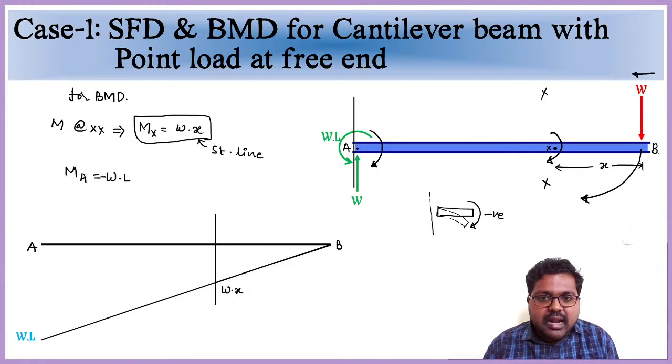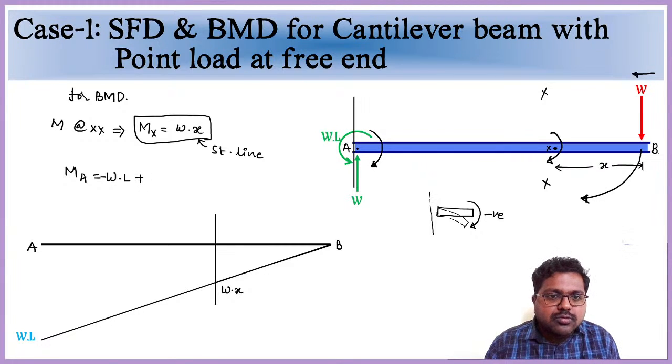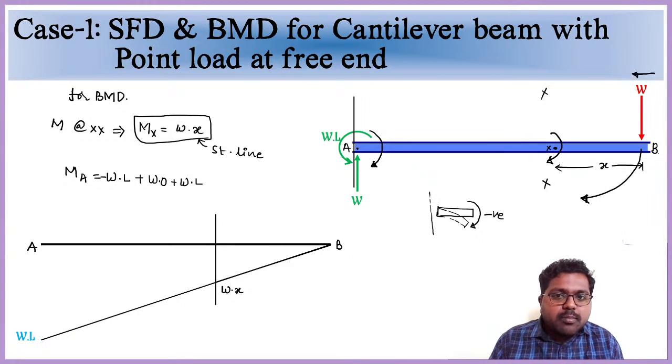Then next here W is acting upward, and it is creating anti-clockwise movement. Anti-clockwise movement is positive. So W into, there is no distance. Actually it is lying on the point A itself. So it is 0. Then we are having a clockwise movement, support reaction. Support reaction we are having, that is W into L, right? So before coming to the right end, we are having minus WL.